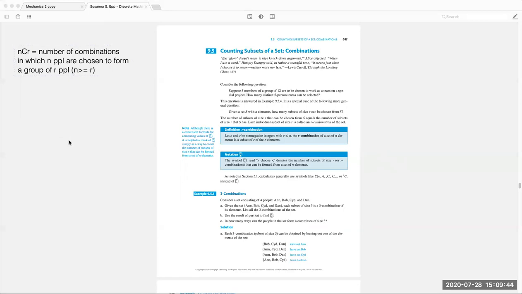That's it. So NCR is the number of combinations, or the number of choices in which n people are chosen to form a group of R people. Of course, n should be larger than or equal to R.